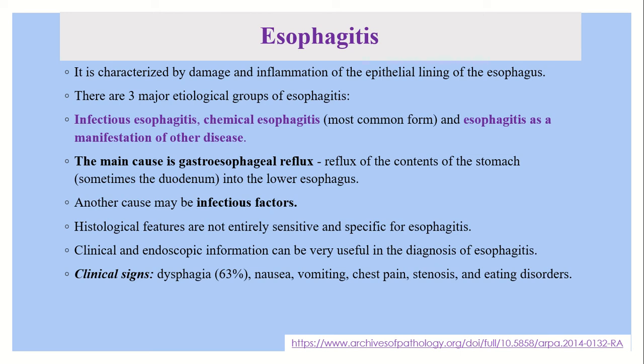Another cause may be infectious factors. But the histological features are not entirely sensitive and specific for esophagitis. Clinical and endoscopic information can be very useful in the diagnosis of esophagitis. Clinical signs include dysphagia, nausea, vomiting, chest pain, stenosis, and eating disorders.